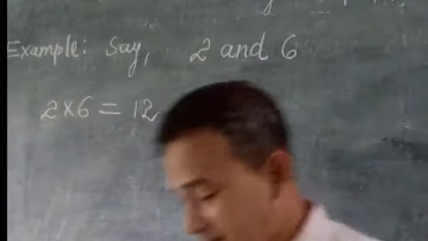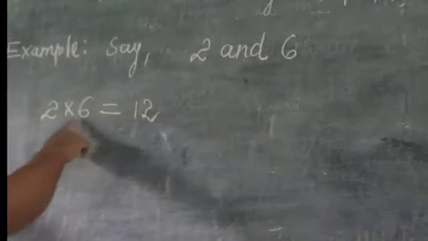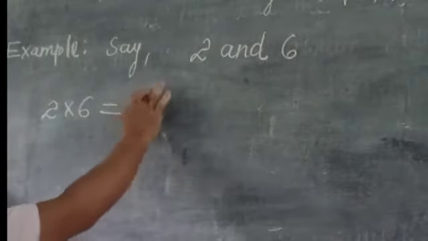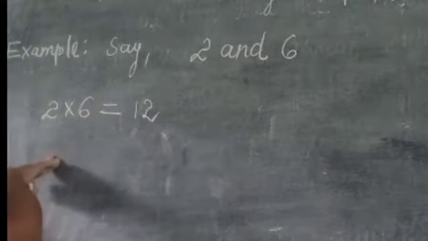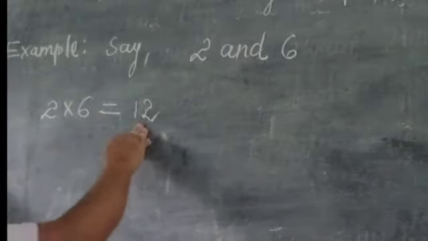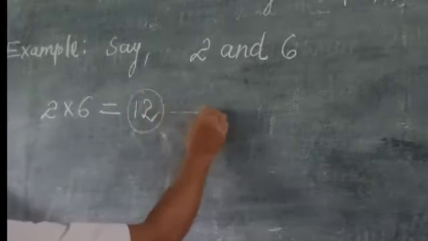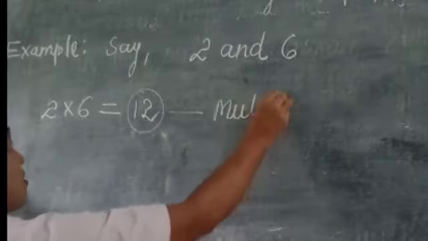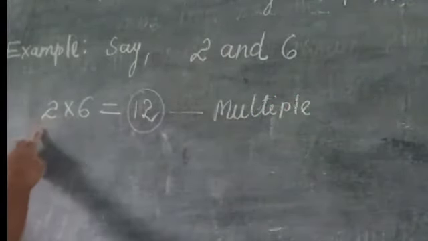So after multiplying 2 and 6, we got 12, and this 12 is called a multiple. And what about 2 and 6?